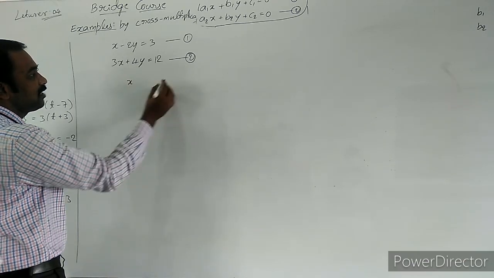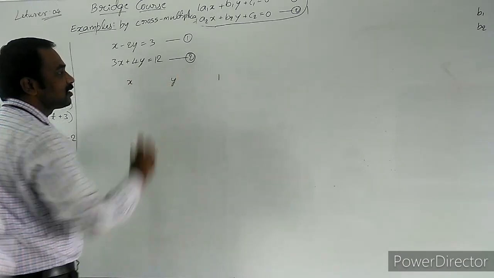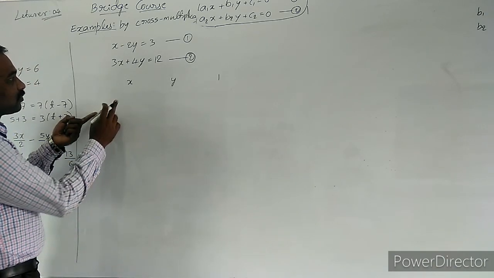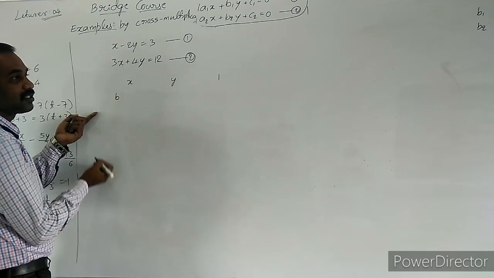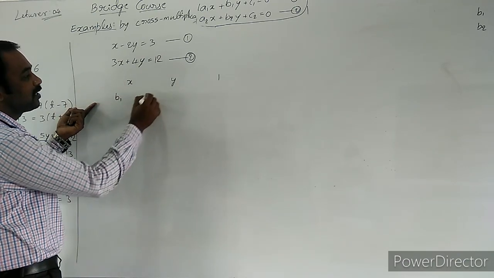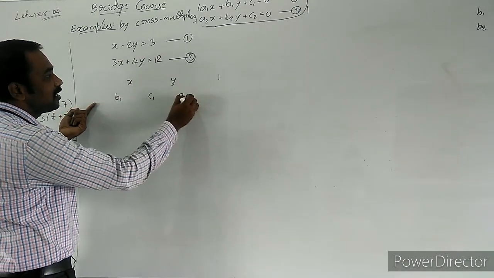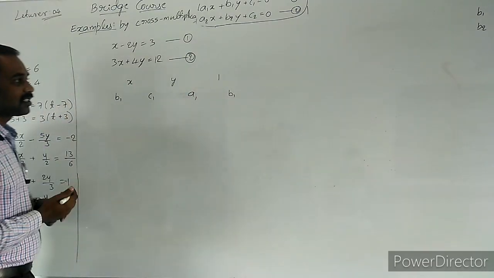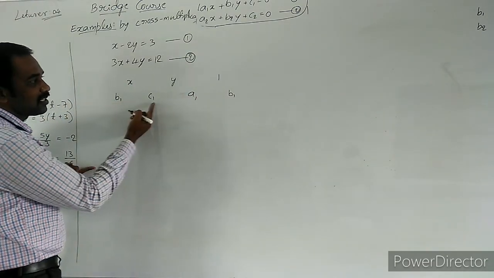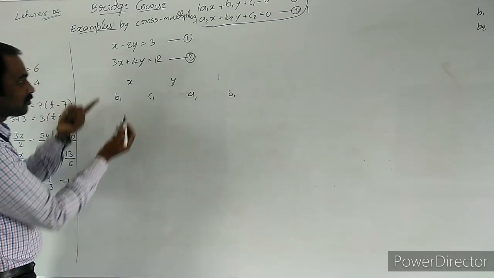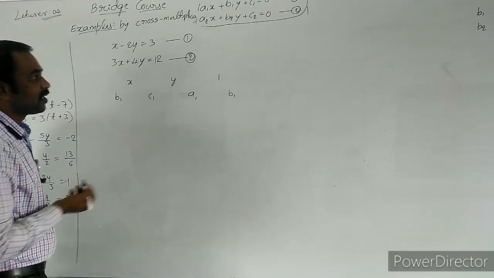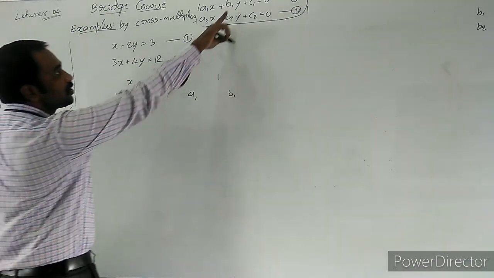So first of all, I write x, y and 1. Afterwards, I write the coefficients. What are the coefficients? Here b1, c1 and a1, b1. I rewrite the values: b1, c1, a1, b1. First I wrote x, y and 1, then I am writing the coefficients.